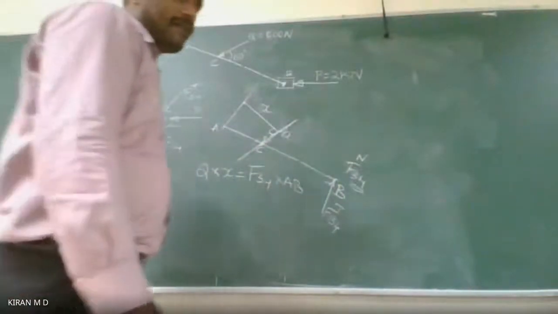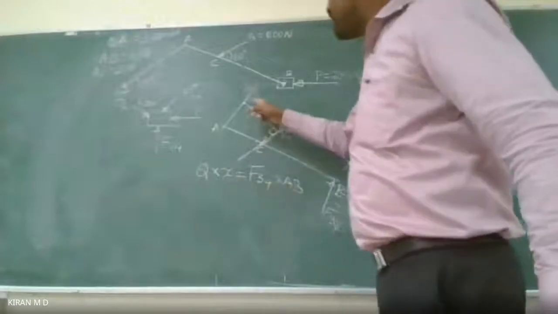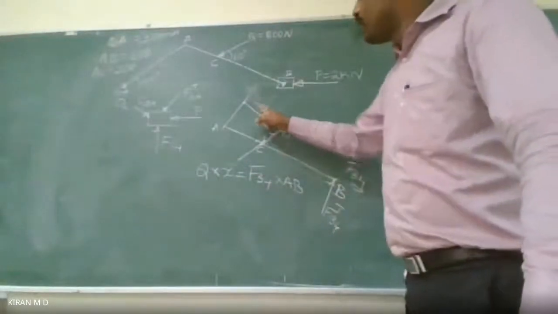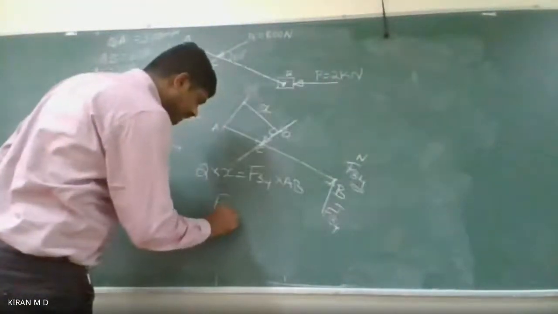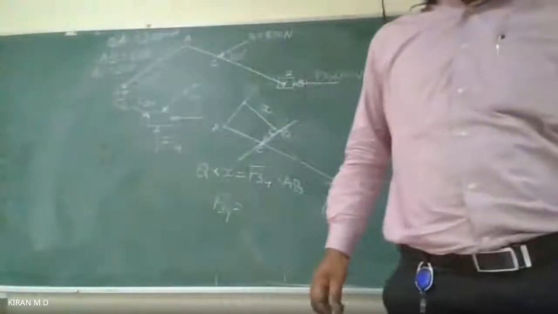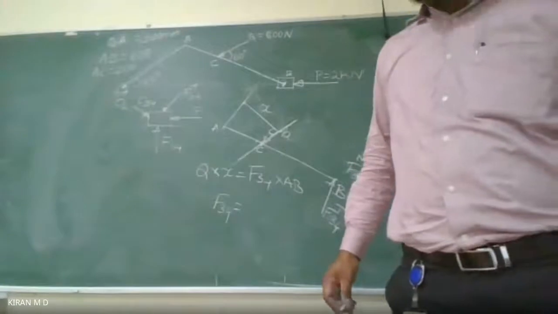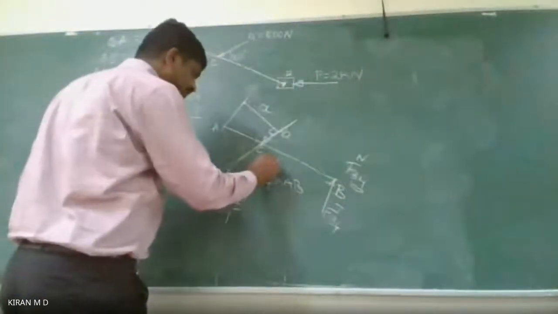By equating that, we can measure the X value. We know the AB value and we know the Q value, so you will get F34 or F43, you can write it both ways. This is the transverse.